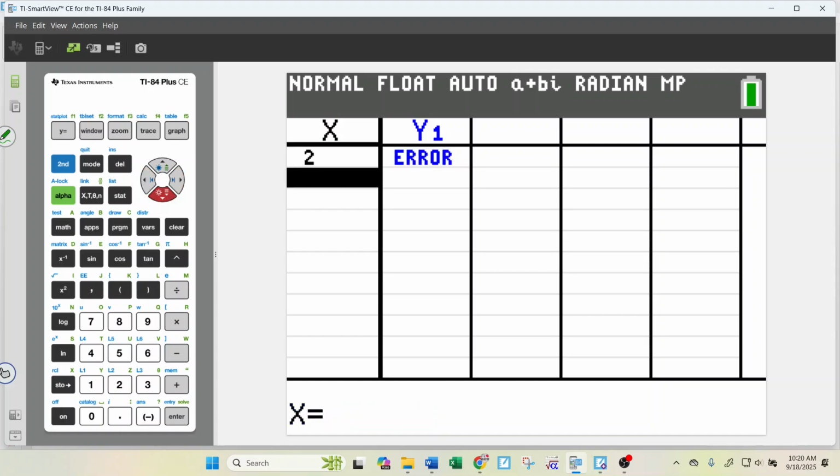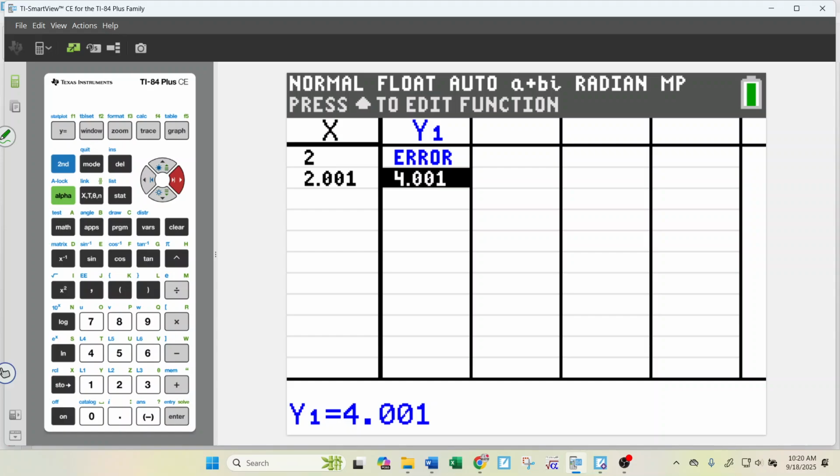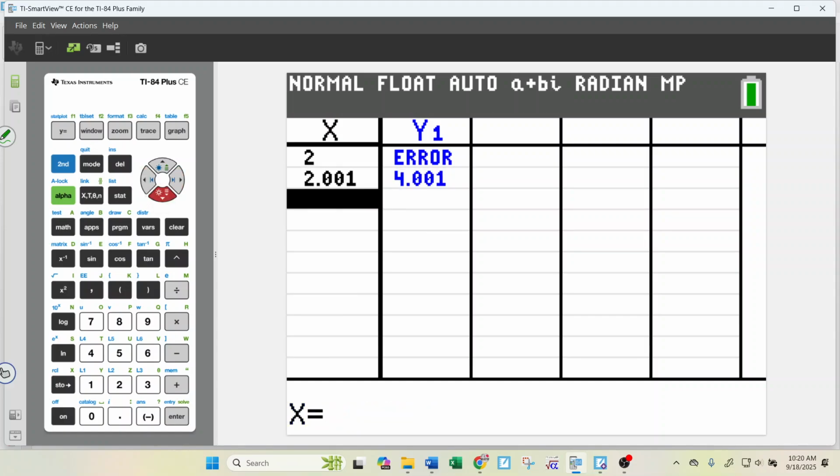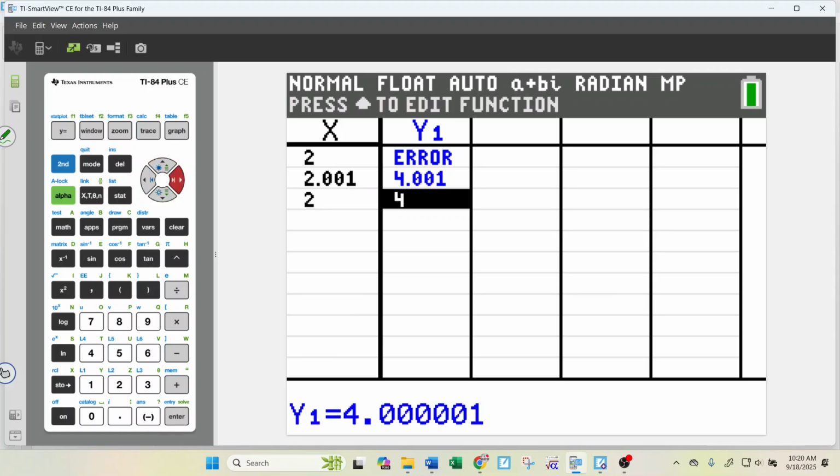But if I put a number in really, really close to 2, what's my answer going to be? Really close to 4, because that was what the limit was. As my number gets closer and closer to 2, my answer gets closer and closer to 4. It's not exactly 4, but it's close to 4.